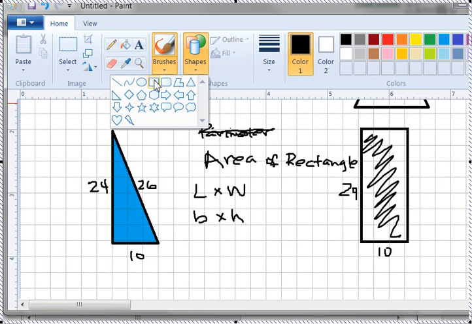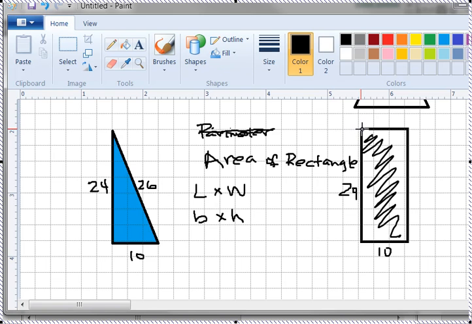But you tell me, how is the area of this rectangle related to the area of this triangle? Ah, Dawson, you're throwing out some good ideas. You cut it in half. Exactly. So the area of a triangle is 1/2 base times height.